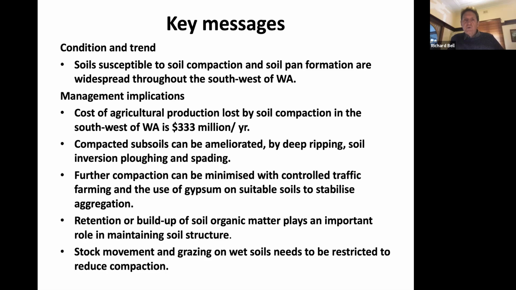Importantly, with the spread of controlled traffic, we now have technologies to minimize the recompaction. Because without controlled traffic, recompaction is going to occur within the space of another 2, 3, 4 years. So it's not a permanent solution, it's only a temporary solution.